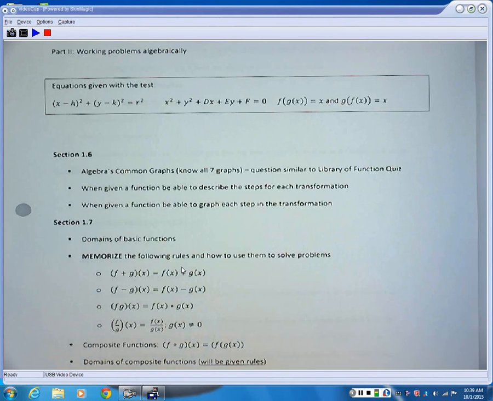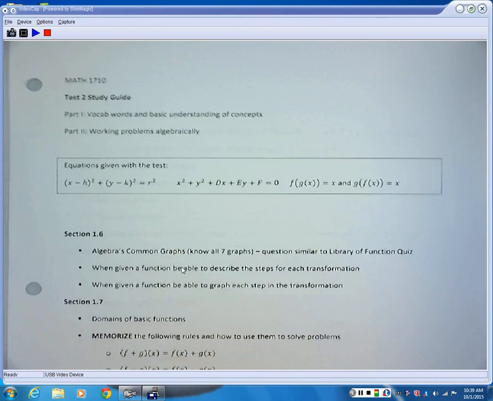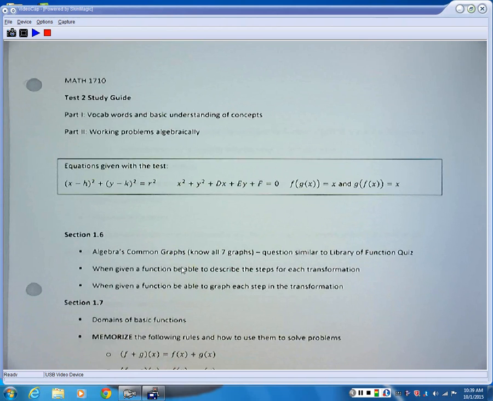Okay. All right. So test 2 study guide. It's posted online under test 2 or test reviews or something under content on D2L. All right. So like the first test, I have the first page.